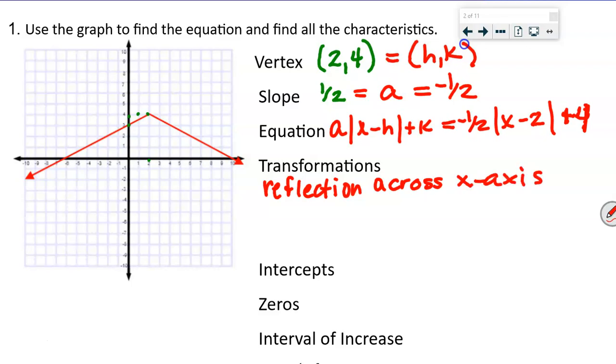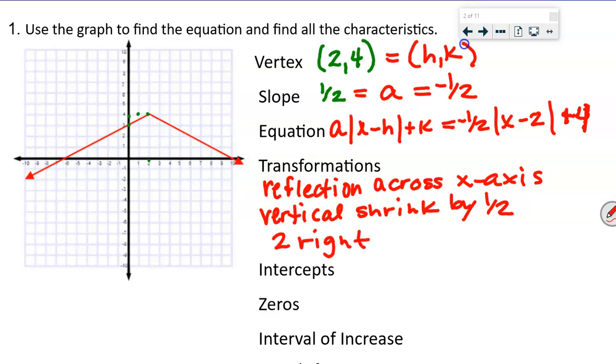Okay, and then when we talk about the 1/2, that's going to be a vertical compression or vertical shrink by 1/2. And then the 2 means it's moving to the right. And the 4 means it's moving 4 up. Because remember, h is left, right, and k is up and down.